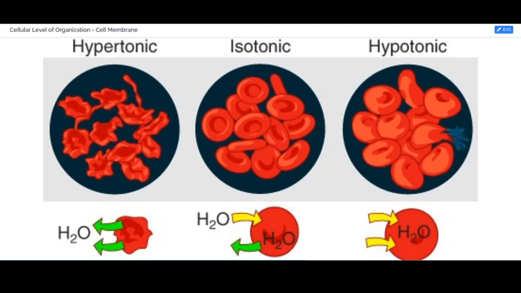That bursting of the cells is called lysis. And since we're talking about red blood cells, it's specifically hemolysis, lysis of blood cells. If the hypotonic solution is just a little bit less concentrated than your average bodily fluid, then it would be less dramatic, but the cells would still bloat up a little bit with excess water.